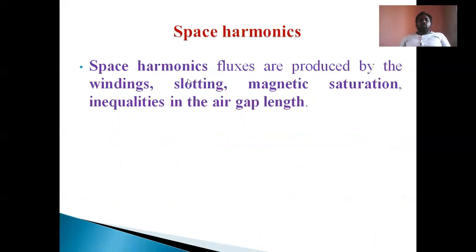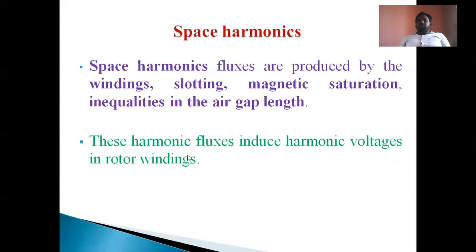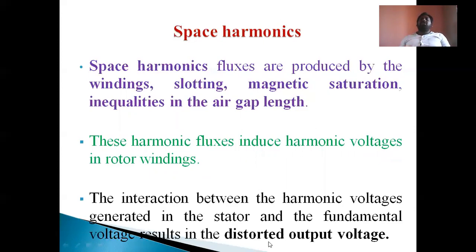So the harmonics are developed in the electrical machine or alternator due to these reasons, due to the construction details of alternators. Those types of harmonics are called space harmonics. Due to these space harmonics, the final output voltage can be distorted, that is, reduced. Then how do we eliminate these space harmonics?